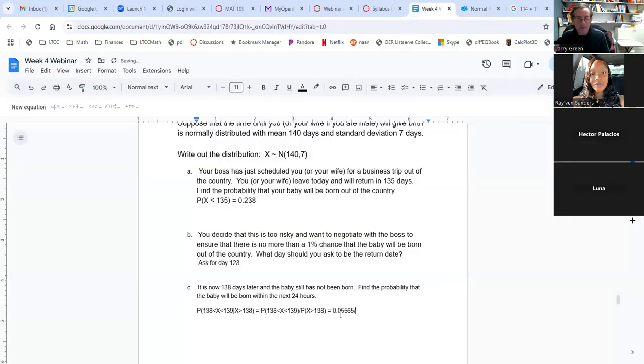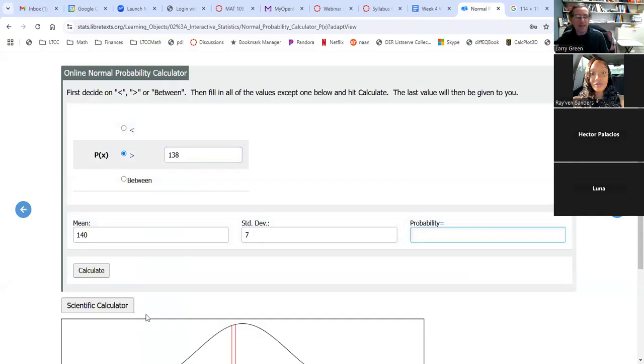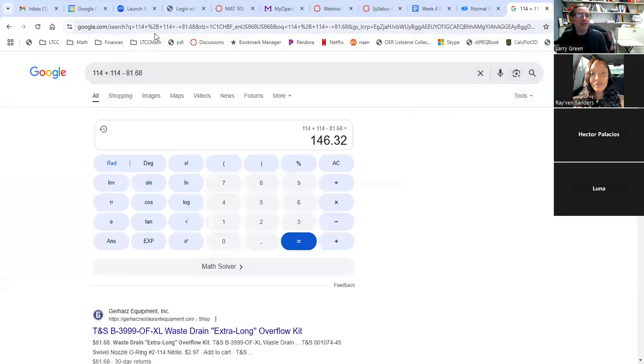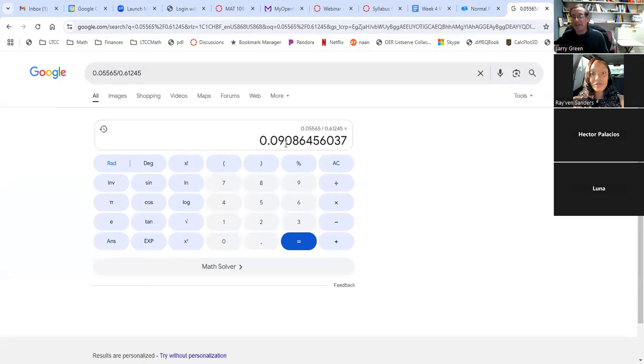And then we're going to divide it by the probability of being greater than 138. So now I hit greater than 138. Drop the probability to blank, hit calculate, and that probability is 0.61245. And now what I can do is copy that, paste it in the calculator, and I get about a 9% chance, 0.09.